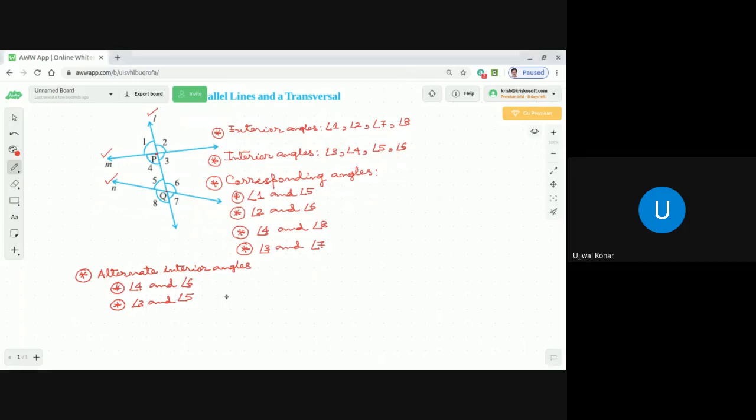Let me write it down: alternate exterior angles, the first is angle 1 and angle 7, and the second pair is angle 2 and angle 8.